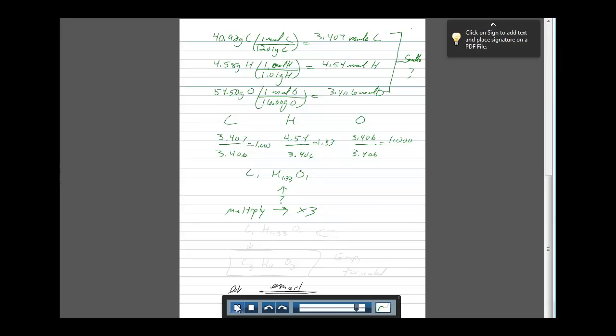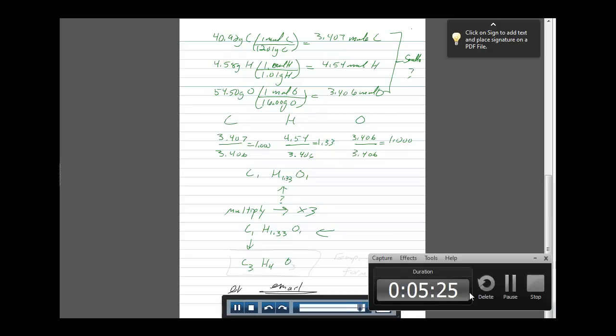And when we do that, it changes carbon, hydrogen, and oxygen, each one, to 3 times what that is in this particular ratio up here. This one's going to go to 3, this one's going to go to 4, and then this one's going to go to 3 as well, giving us our empirical formula. And this is your standard type of empirical formula problem.